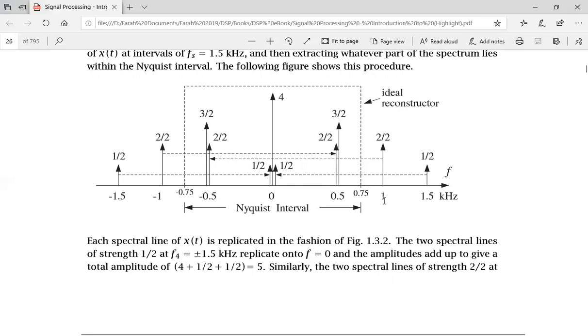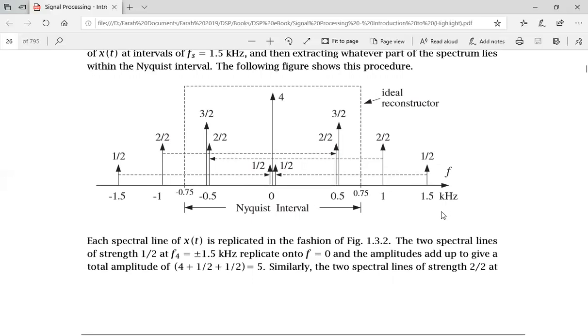It has been aliased and appears at minus 0.5 kilohertz. And due to this, we have two spikes, one at 0.5 and another at minus 0.5. The original spectrum, the signal before being sampled, was at 1 kilohertz, but in the reconstructed signal it appears at 0.5 kilohertz.